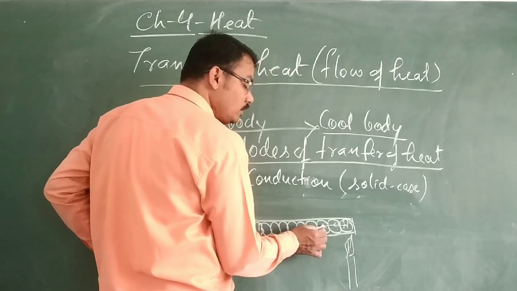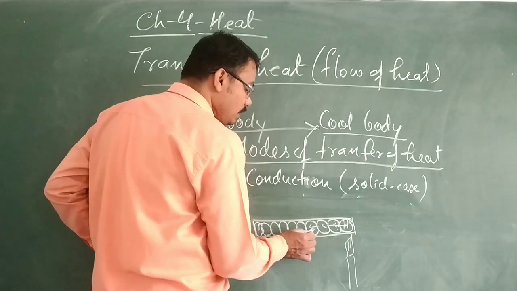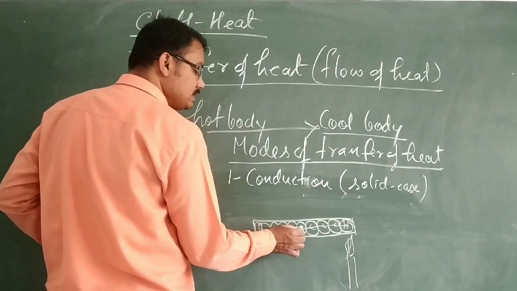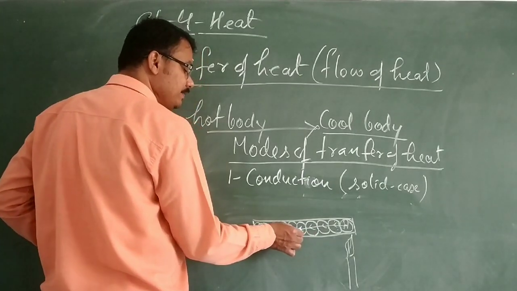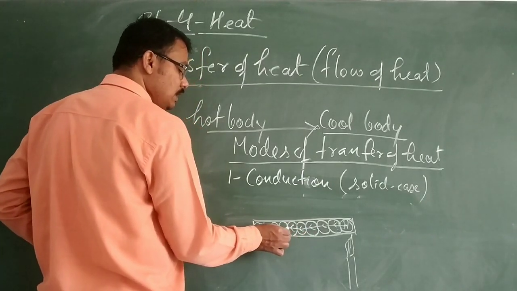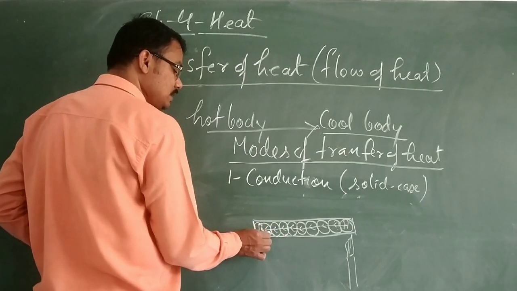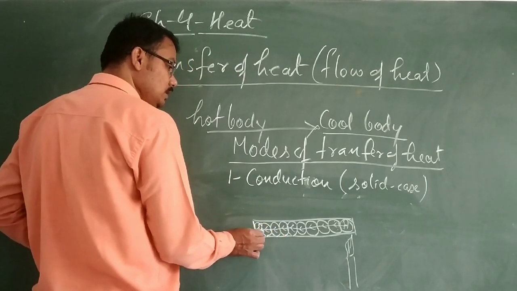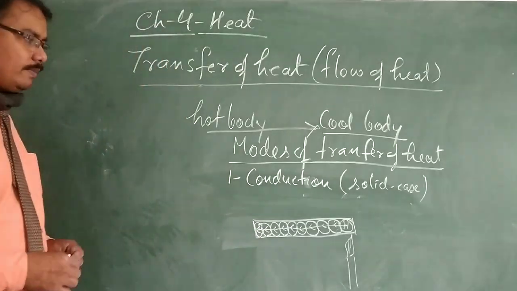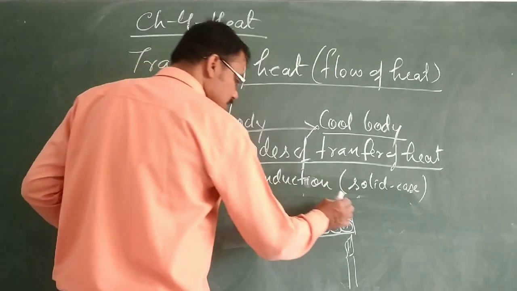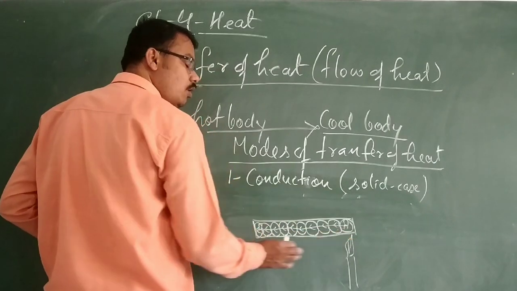When the third is heated, it transfers to the fourth, and then to its next, again and again. Like this the heat comes up to here, and the whole body becomes equally hot.